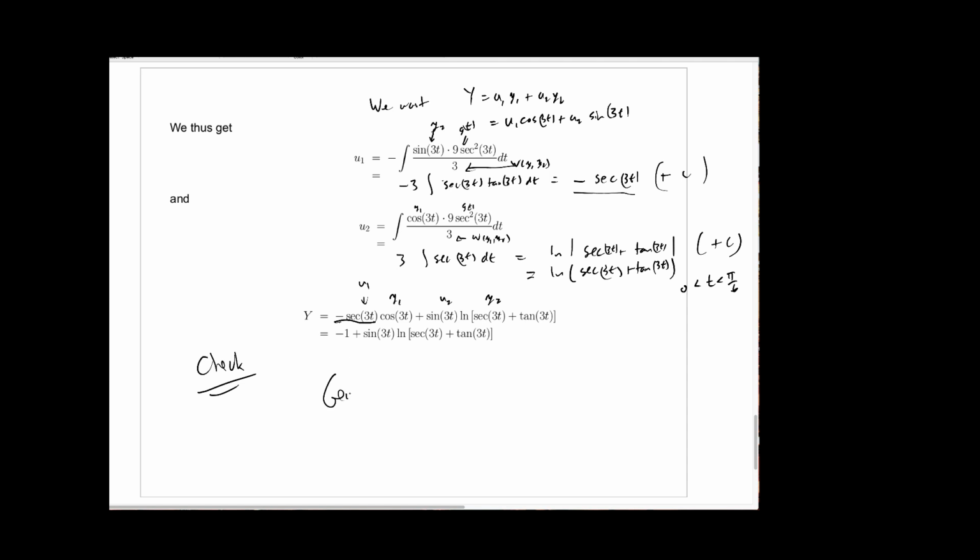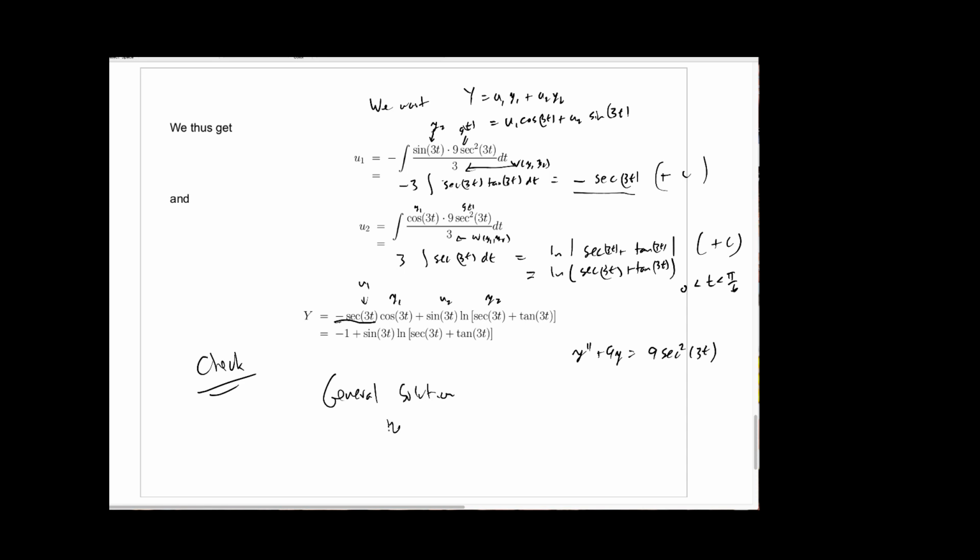What's the general solution to our differential equation? And I'll remind you, that's for the differential equation y double prime plus 9y equals 9 secant squared of 3t. What's the general solution?